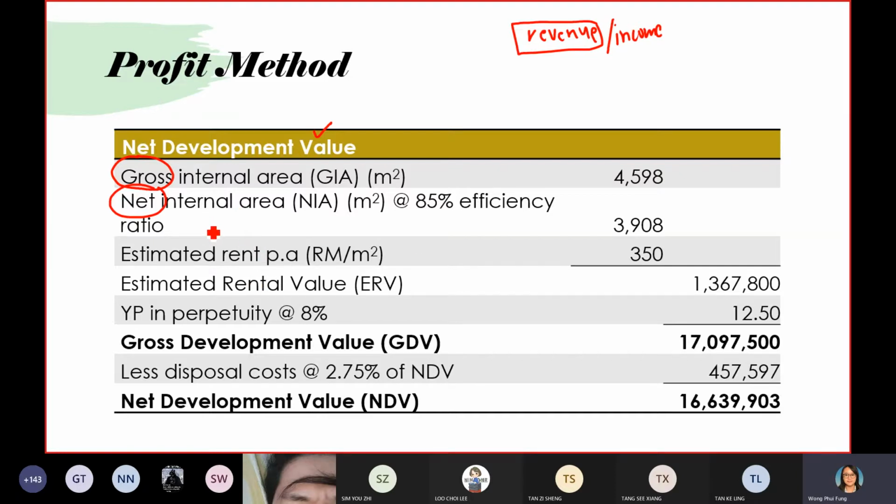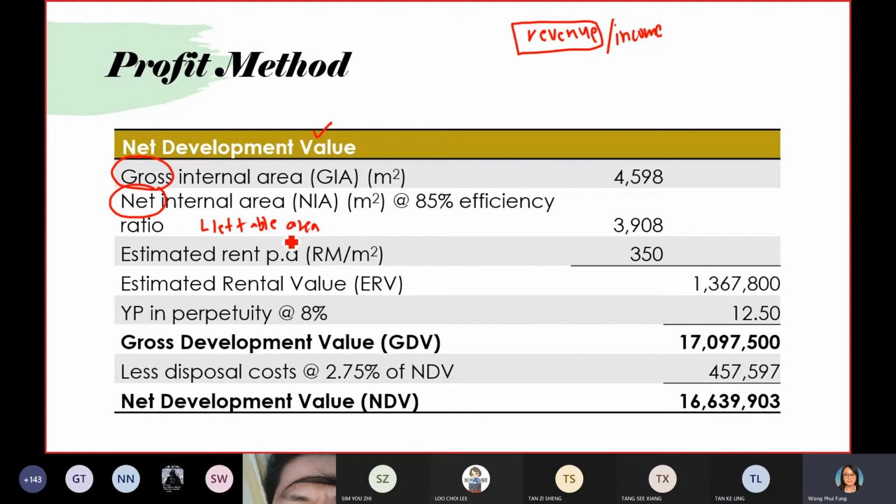Net area is what we call lettable area, which means those areas that can generate income for you, those areas that fulfill the building's functional requirement.